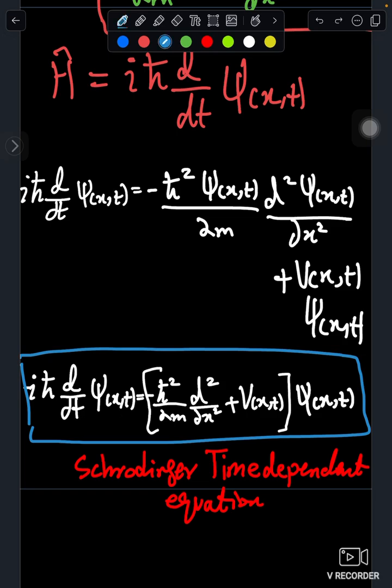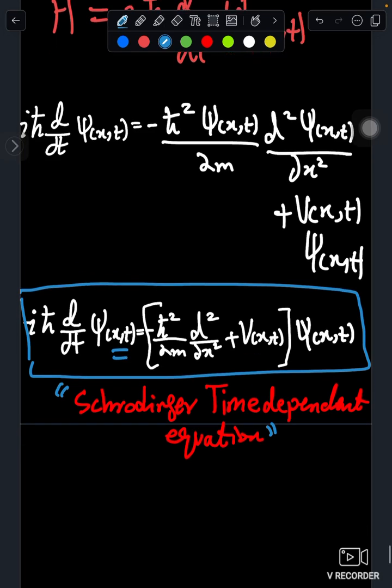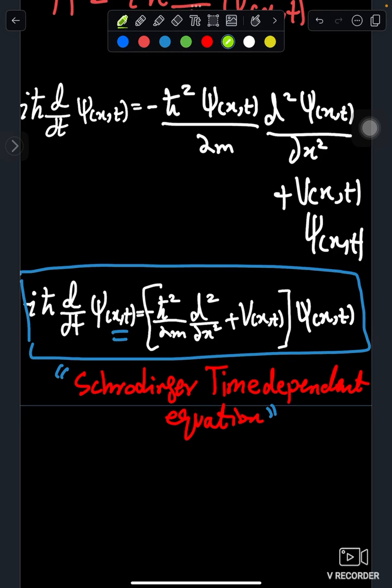So this shows that the particle we are observing is evolving through time and space, or position. So this is a time dependent equation.